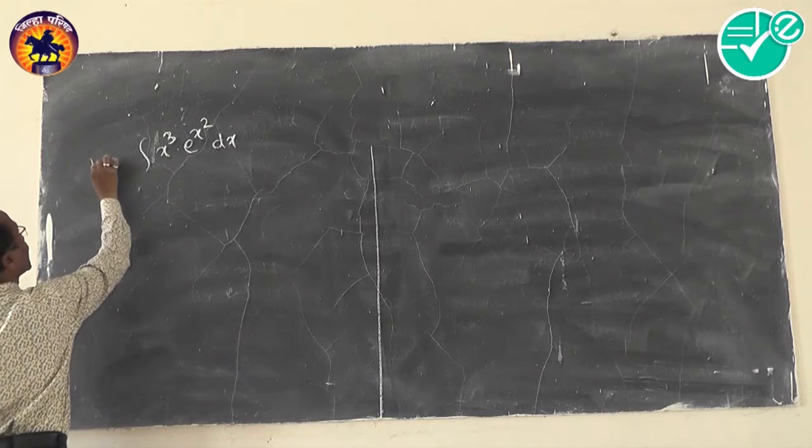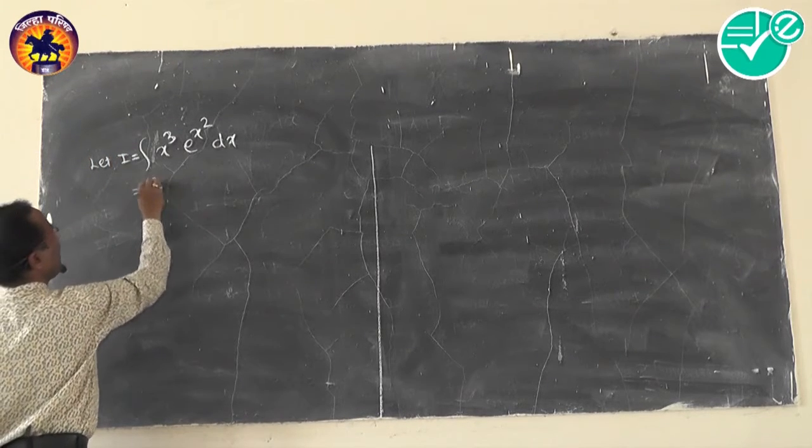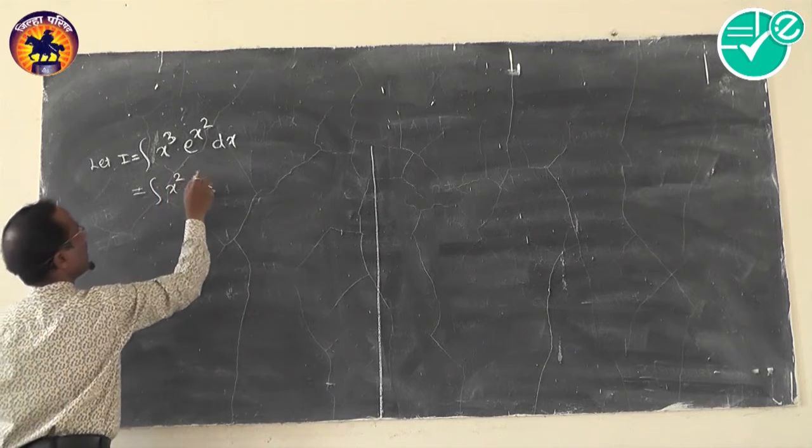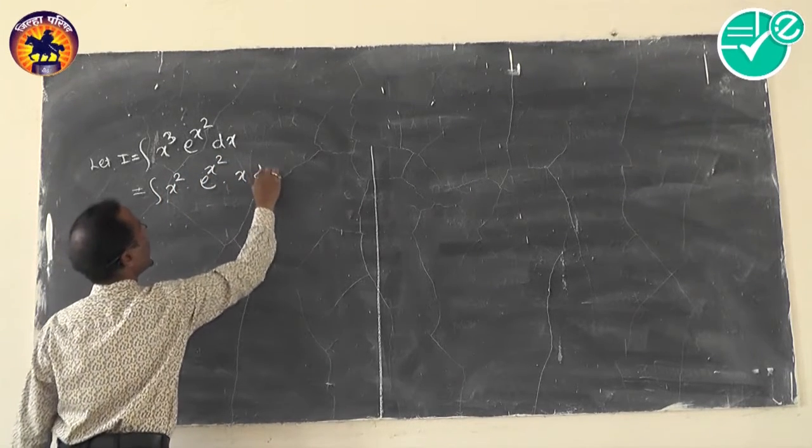Let I is equal to this function can be written as integral of x square into e to the power x square into x into dx.